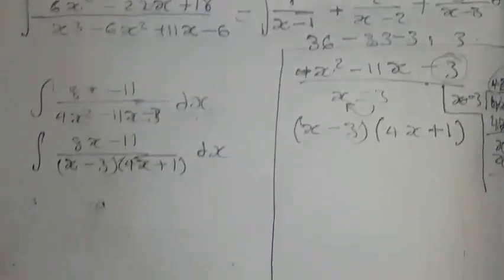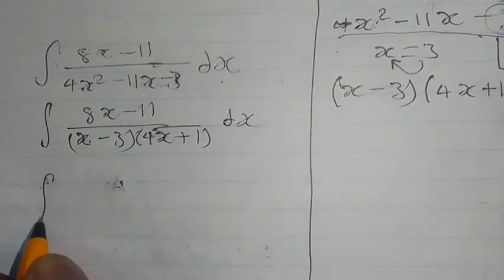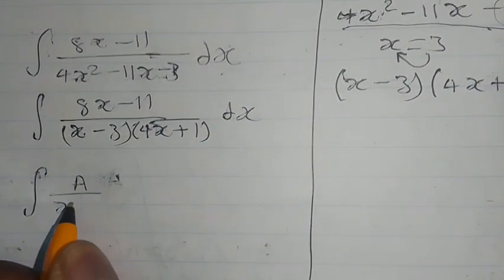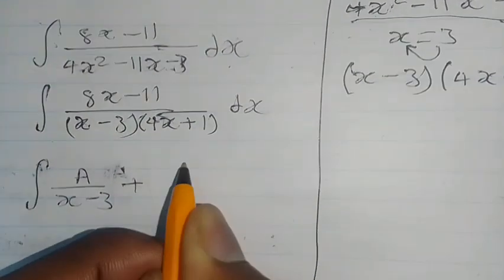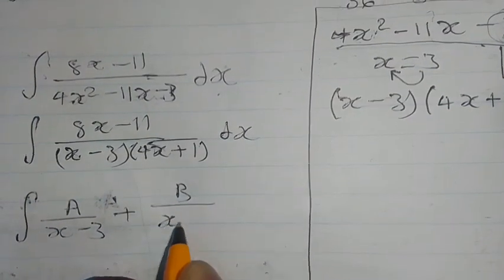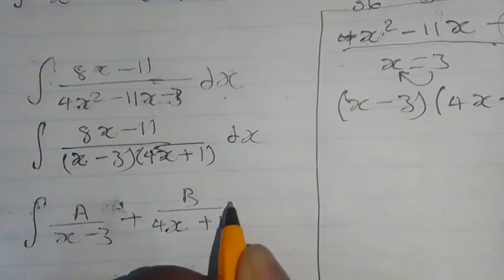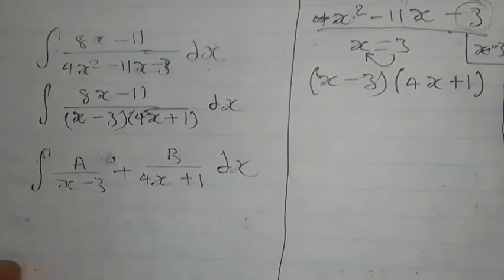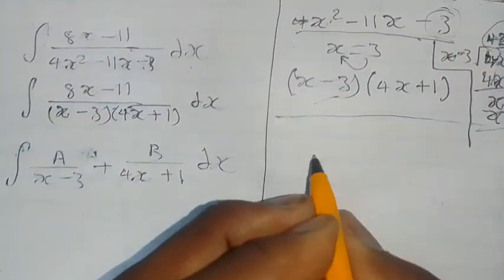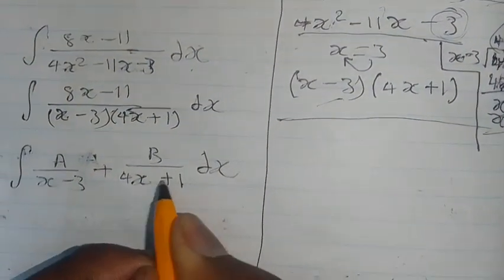dx. Then, when you split this, you'll basically have a over x minus 3 plus b over 4x plus 1 dx. Then from there, you just have to solve for a and b. So you multiply this by the other denominator.